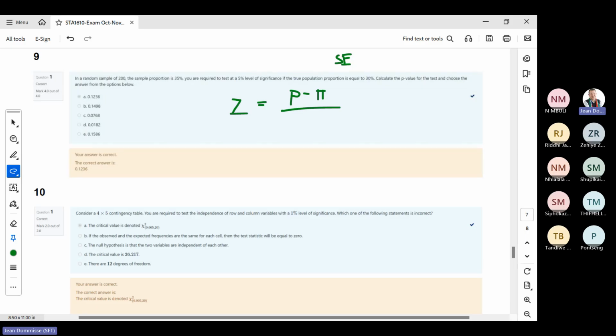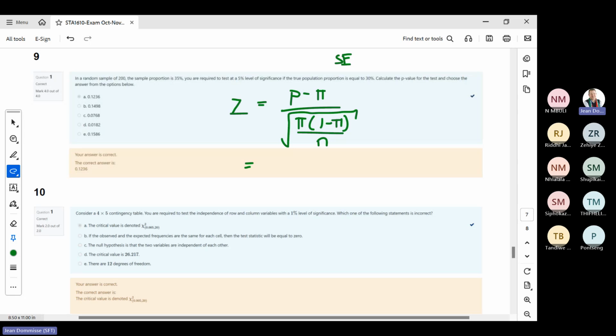I'm again not always 100% sure about the formula. That's why I always use the formula sheet. I hope that is the right formula.